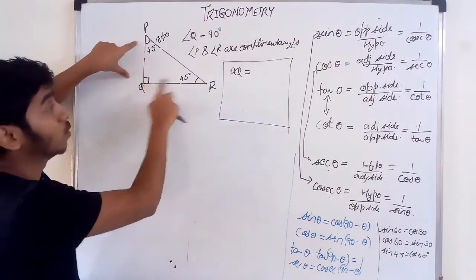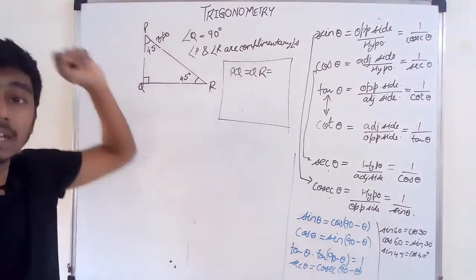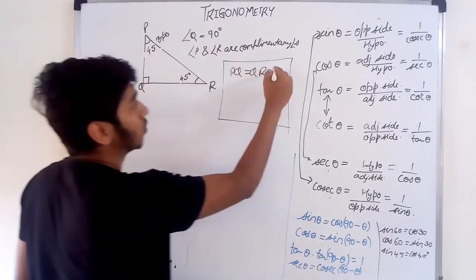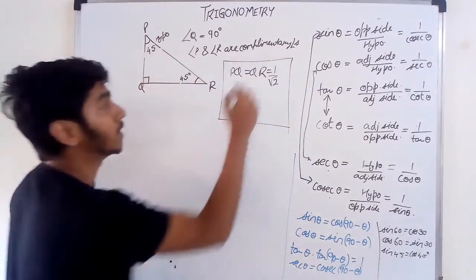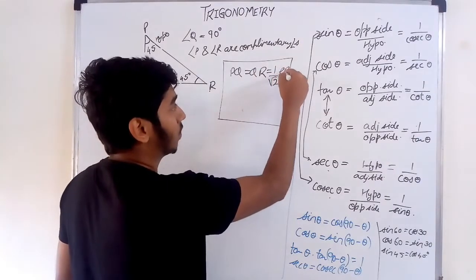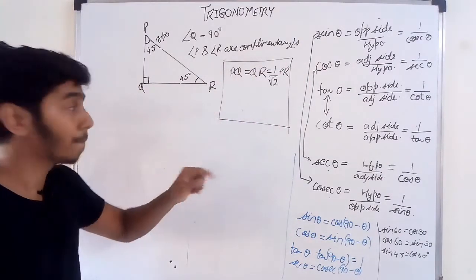So these two are equal to 1 by root 2 of the hypotenuse, which is PR. So PQ and QR, they both are the same.